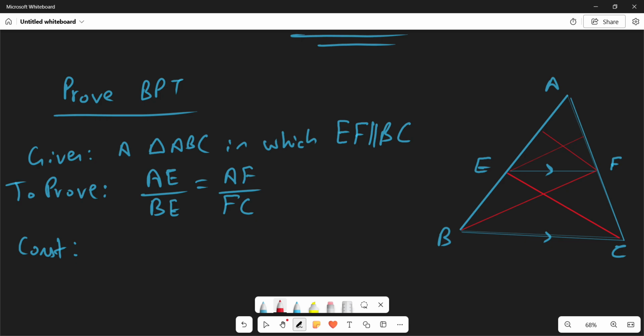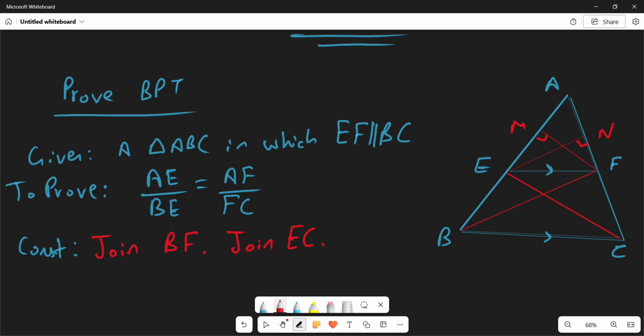So this is the construction that I've done. This is perpendicular, this is also perpendicular. Let's mark these points as M and N. Okay, now the construction that I've done. First, let's say join BF. I've joined B and F. Then join EC.